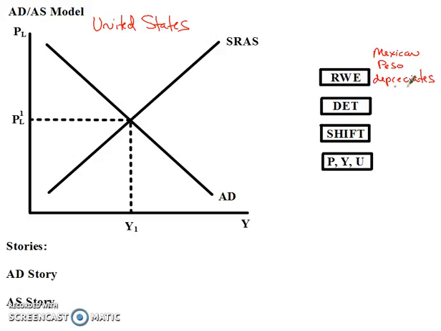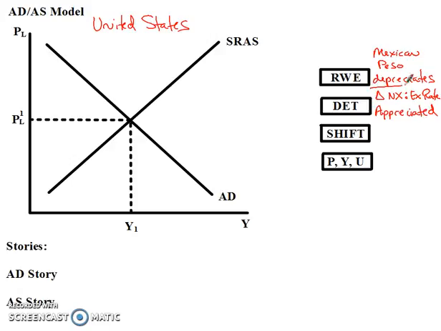You've got to be really careful of keeping that straight. My determinant for the United States economy is going to be a change in net exports, exchange rates, and that's the dollar appreciated. We care about what happened to the dollar because we are looking at the United States economy.